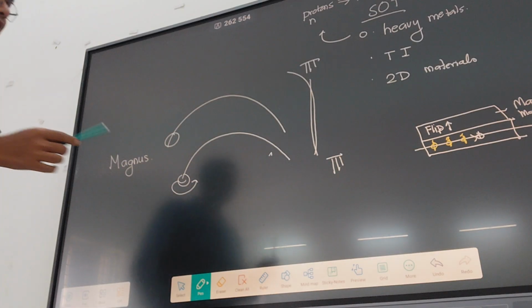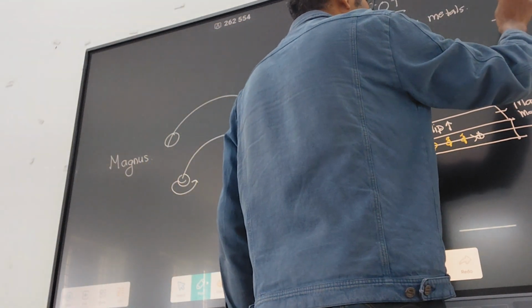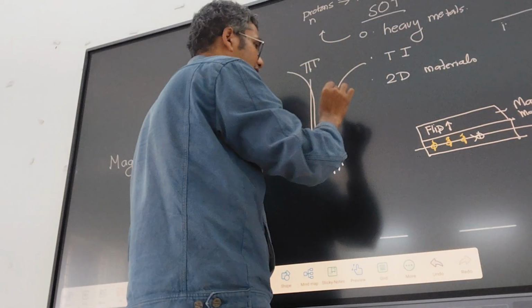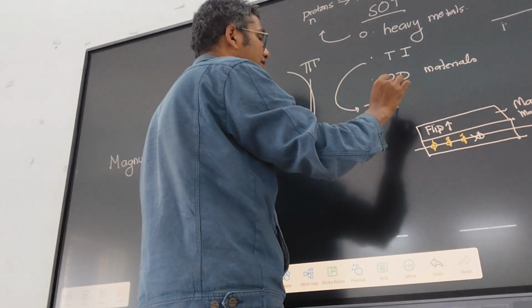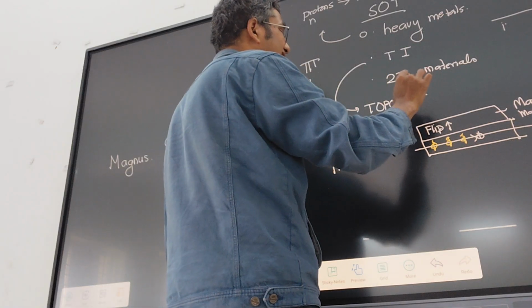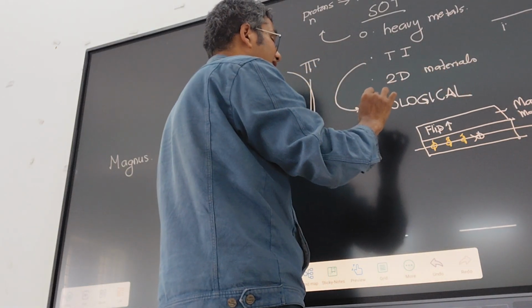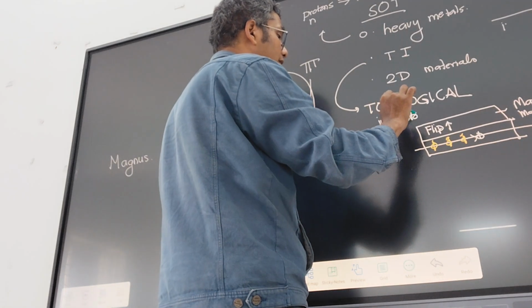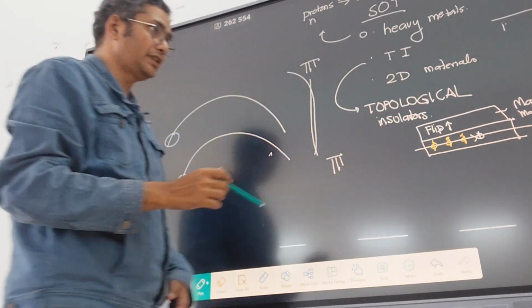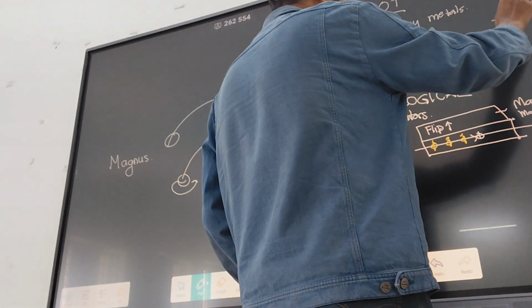What are topological insulators? Those insulators which are insulating in the bulk.